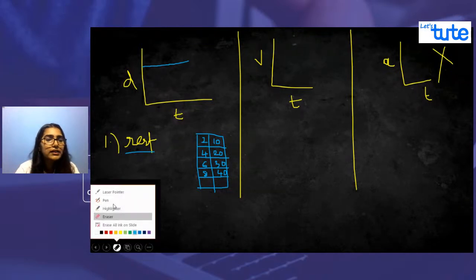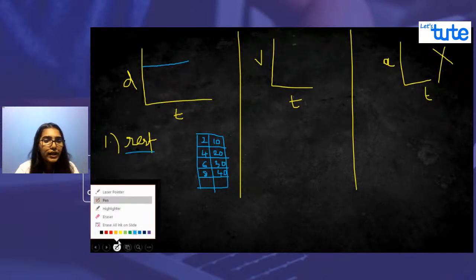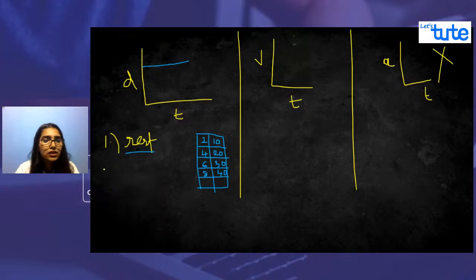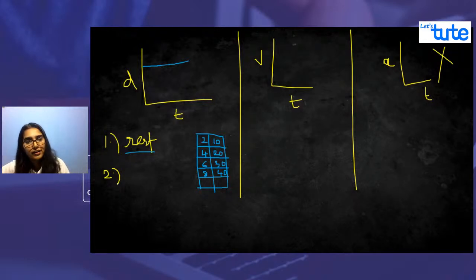If you look at the numbers, you will see that the body is increasing its distance. As the time is increasing, the body is going away, away, away.